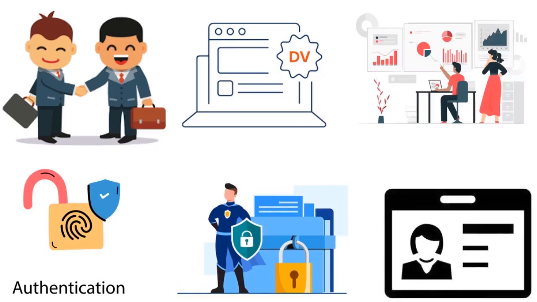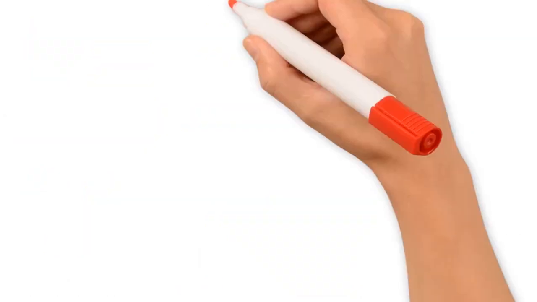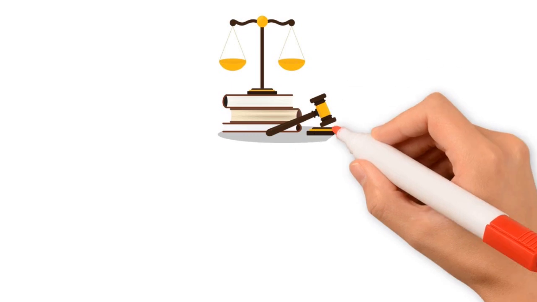You also have the OV certificates, the organization validation certificates. This requires the business to prove that it controls the domain name and that the company is legally registered as a business. This authentication level is preferred for public-facing sites that collect data from users.